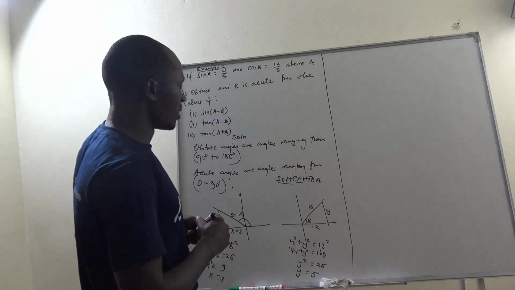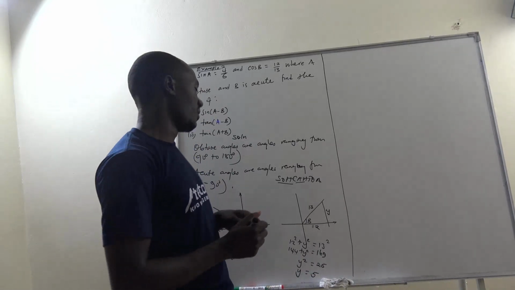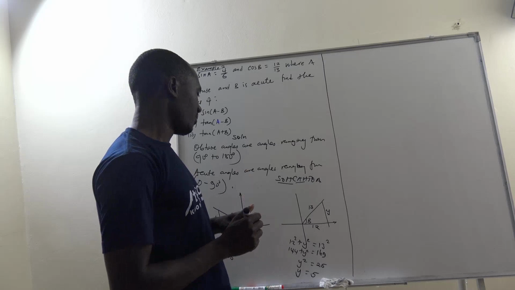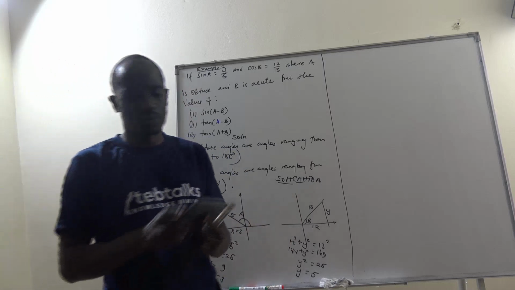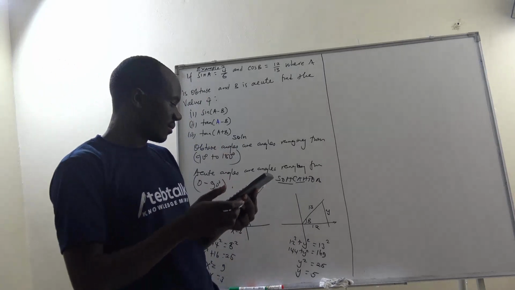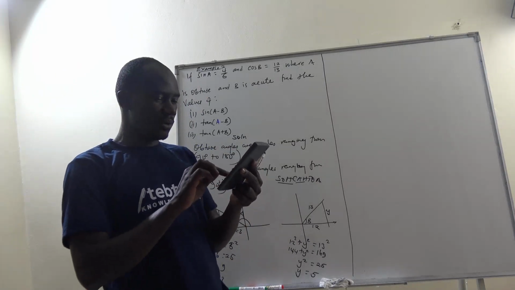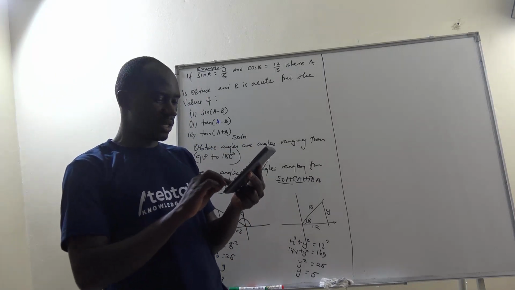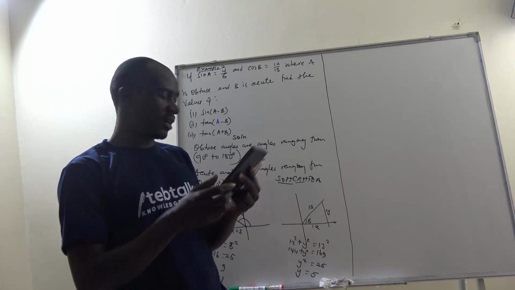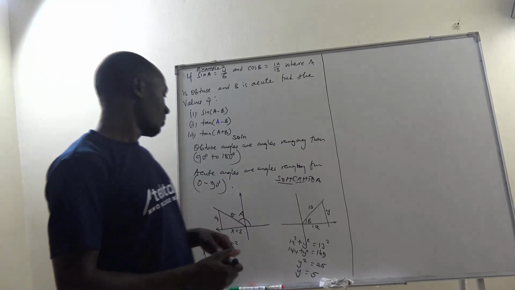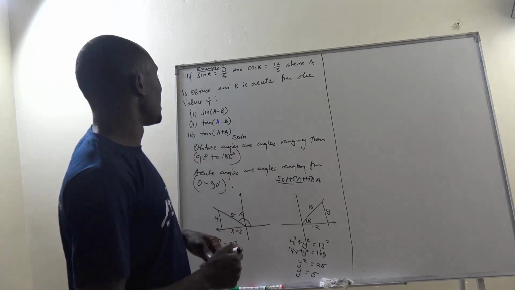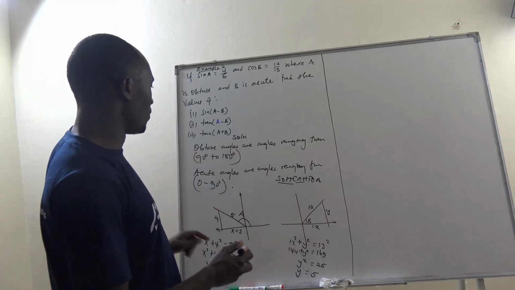You can even go ahead and do the subtraction: 169 minus 144, we are getting 25, and the square root is 5. Then from there, go ahead and find the values.